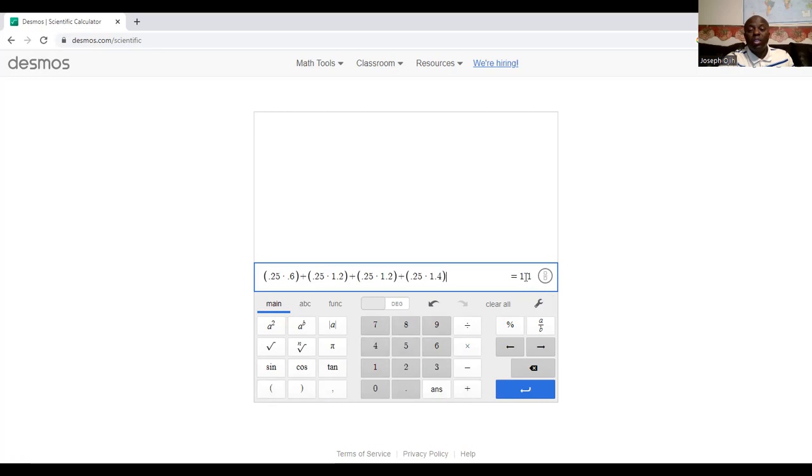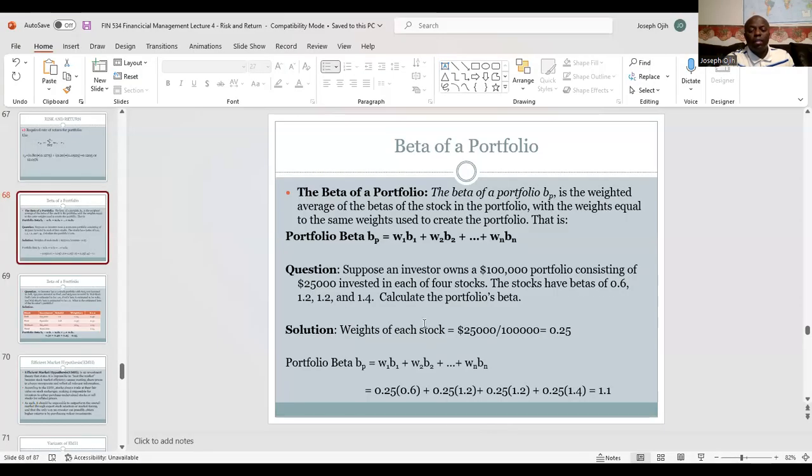You see, I have 1.1 here, which is the same result that I have in my presentation, 1.1. I have so many pages open, so I'm going to close this page.